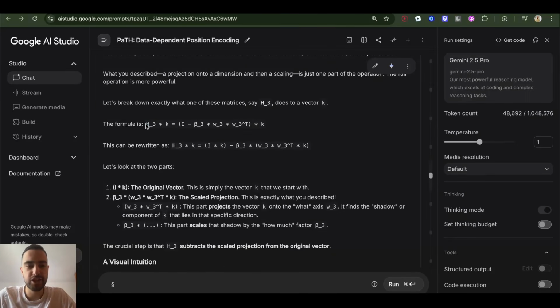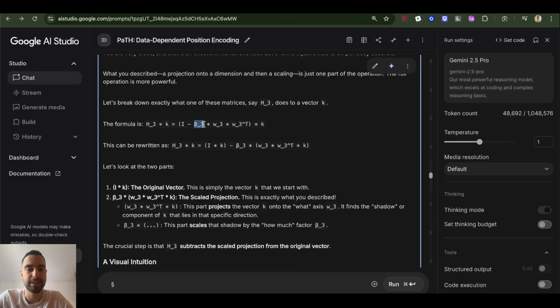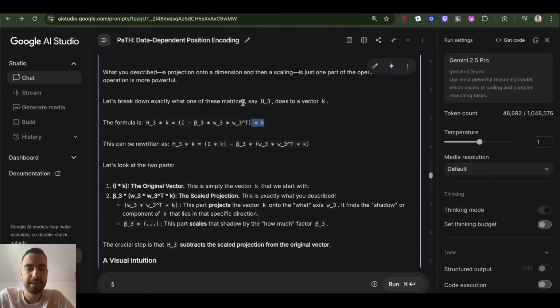So this H3 is the transformation from the word set that we will apply to the key of the word cat. And let's just decompose this. I said the formula for H is the identity matrix minus beta for this token times W for this token times W transposed. So we will multiply all of that with our key. Let's decompose this. So the key can actually multiply just this I.